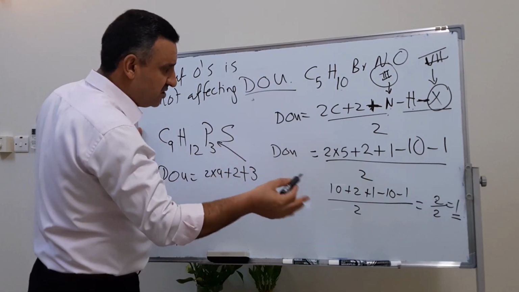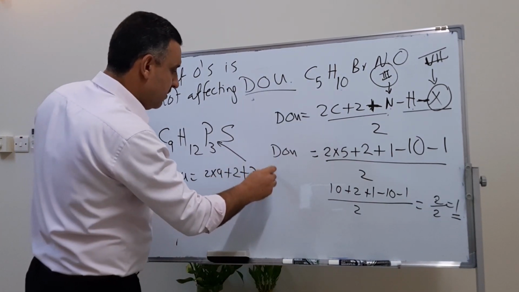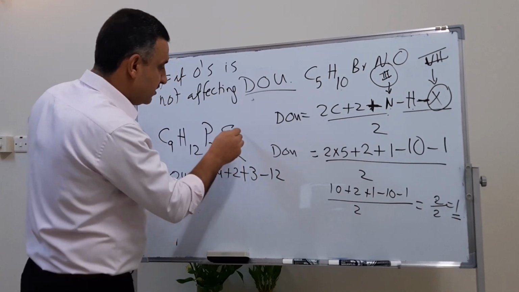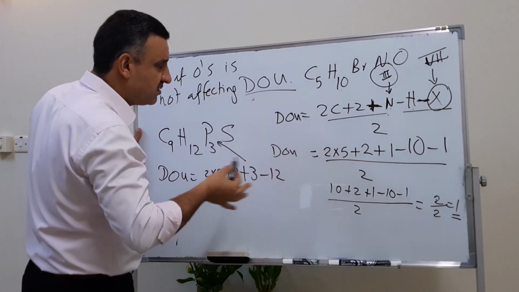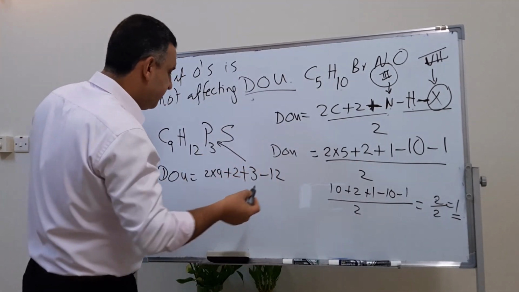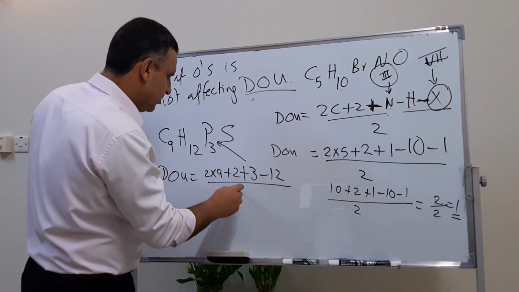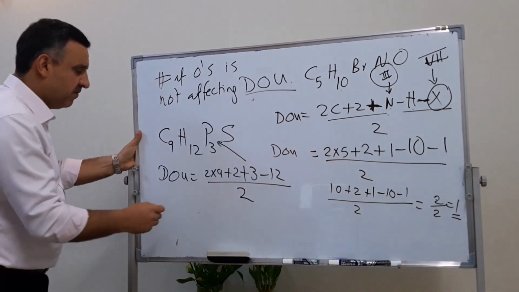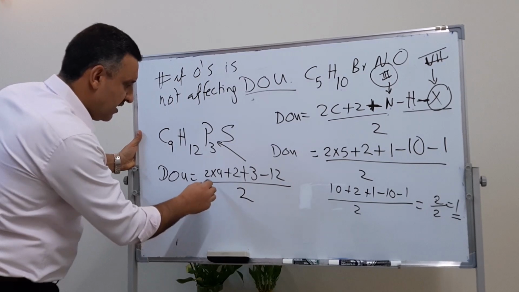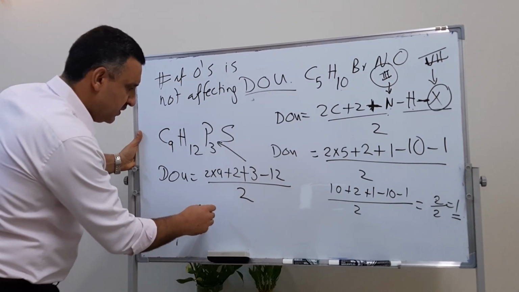Now, is there any halogen? No halogen, so we just minus 12. Then the sulfur here has no effect on the degree of unsaturation, and then divided over 2, which means we have 18 plus 2, 20.